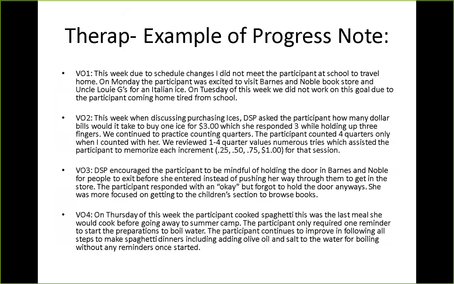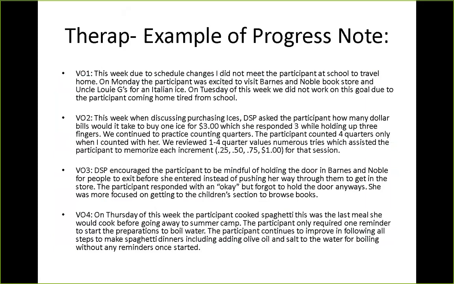Valued outcome number 3. DSP encouraged the participant to be mindful of holding the door in Barnes & Noble for people to exit before she entered instead of pushing her way through them to get into the store. The participant responded with an okay, but forgot to hold the door anyway. She was more focused on getting to the children's section to browse books. Valued outcome number 4.